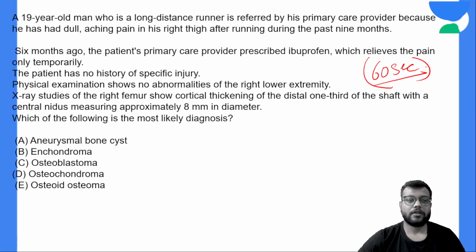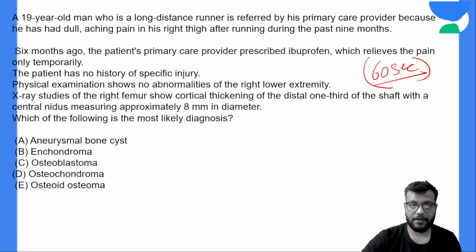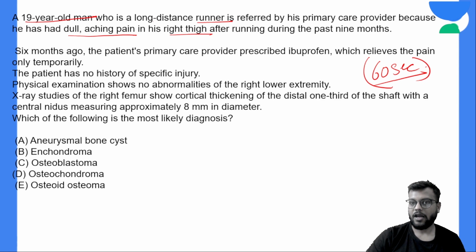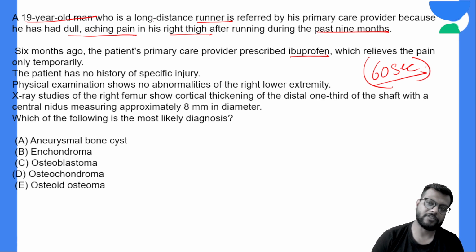Okay, so there is a 19-year-old man, a long distance runner, referred by his primary care provider because he has had a dull aching pain in the right thigh after running during the past 9 months. It is a chronic etiology. 6 months ago, the patient's primary care provider prescribed ibuprofen, that is an NSAID, which relieved the pain only temporarily.